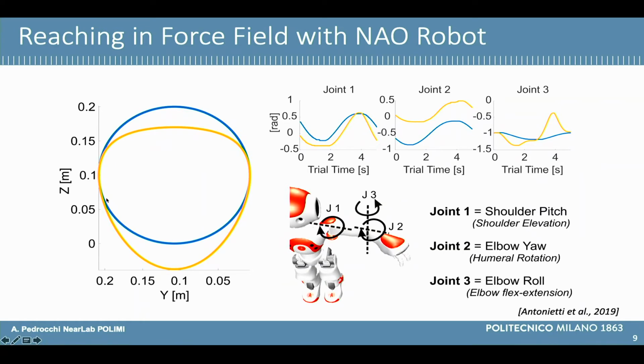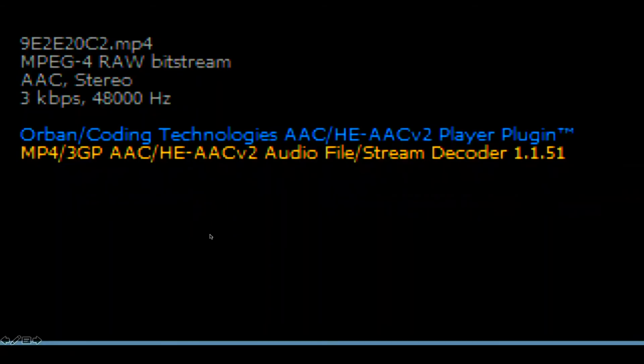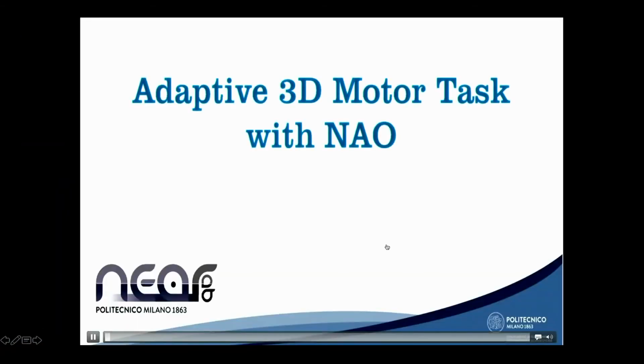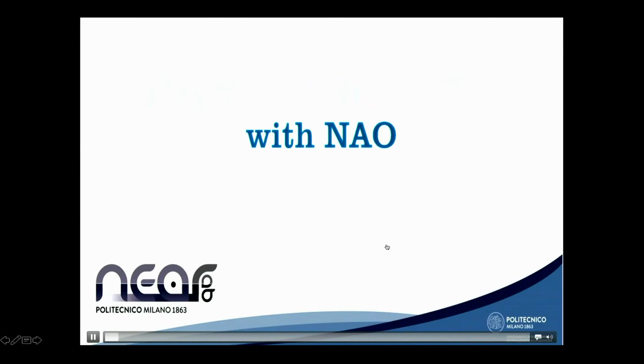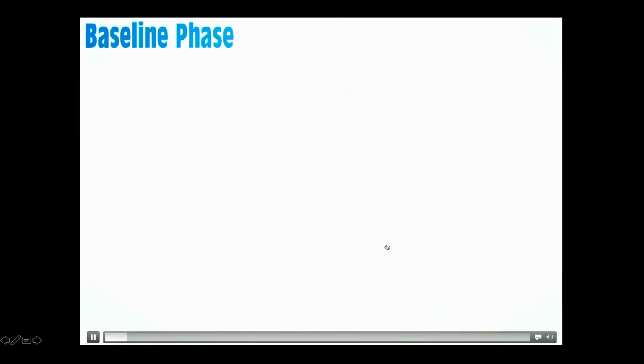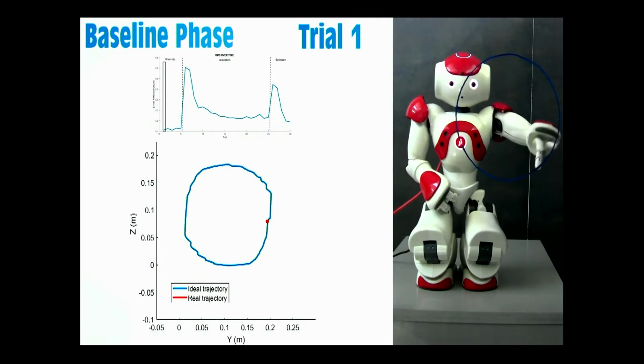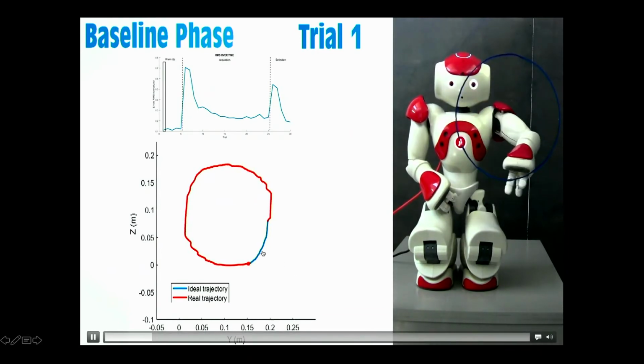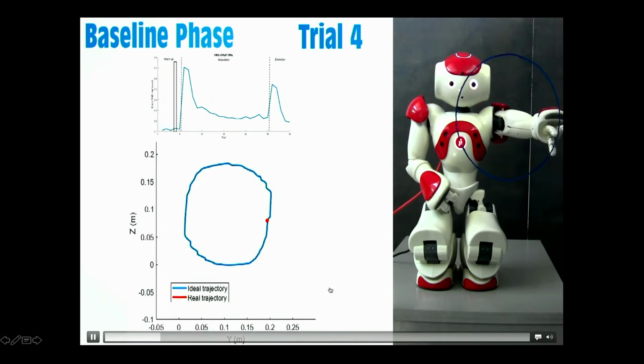In order to follow the track, he needs to learn to compensate for the perturbation given by the extra load. And so here you can see that at the beginning Nao learns to follow the track in a baseline situation. You can see the desired trajectory in blue and then the one done by the robot in red.